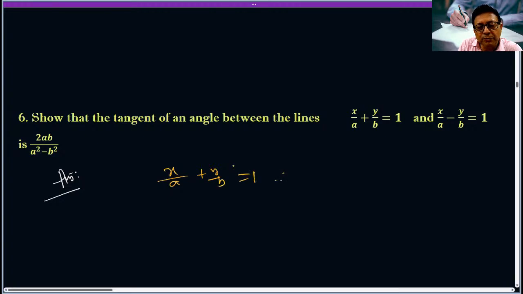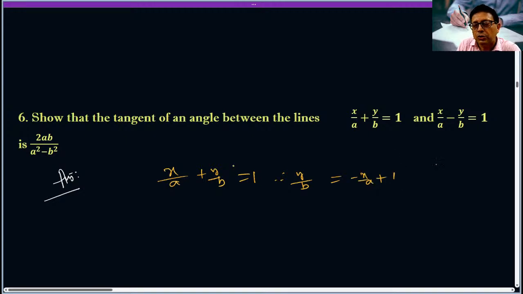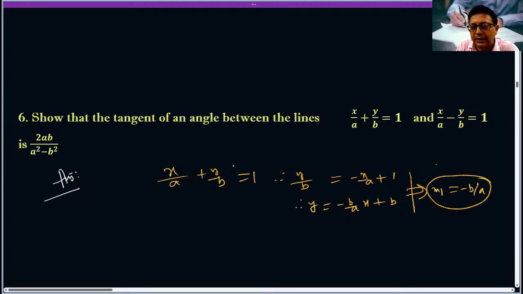X by a, y by b, 1. So, if you transfer b on right side, plus b. Slope of this line is minus b by a.